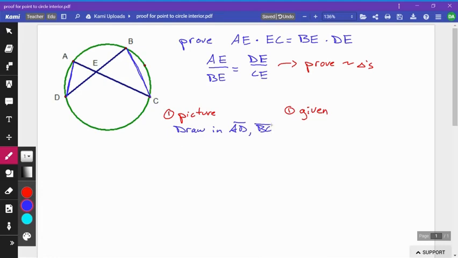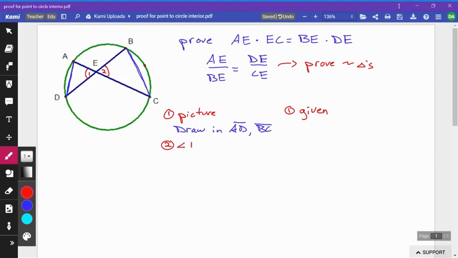Okay. Now going through here, now I have two triangles. And what I got to remember is, how can I prove these triangles? Well, similar. So in order to go through this, I know I have some kind of angles here that are going to be congruent. In order to make our life easier, let's put some numbers there.